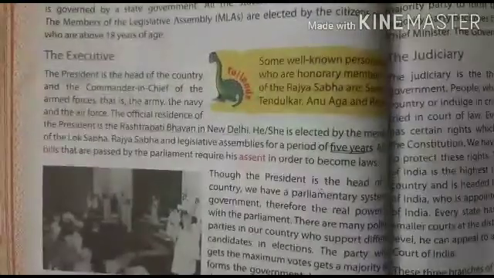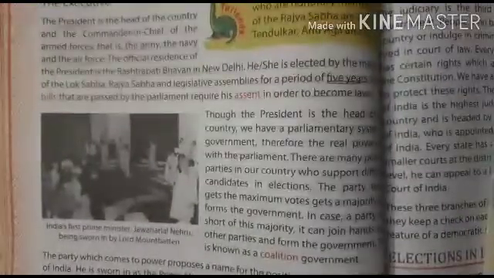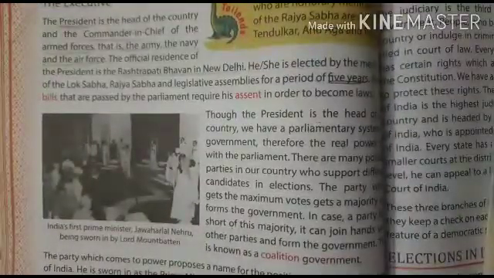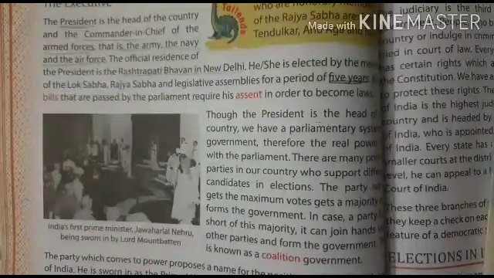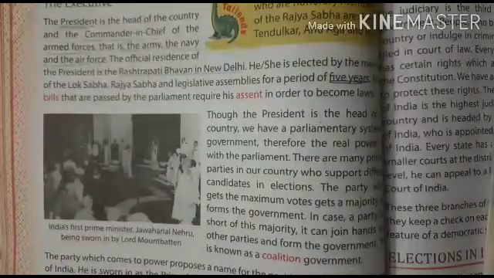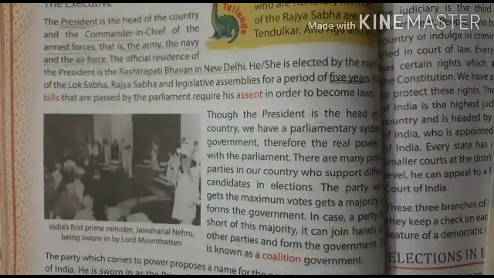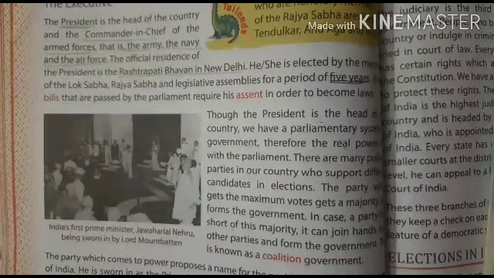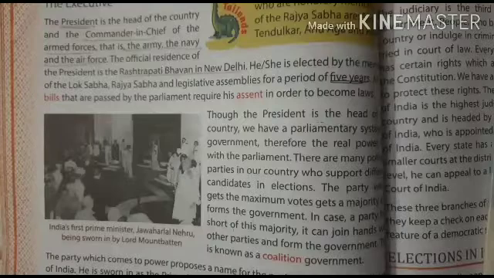Now, what happens next is, suppose there are two parties. One party received the number of votes and formed a government, but on the other hand there is another party which did not get a majority of votes and they failed.